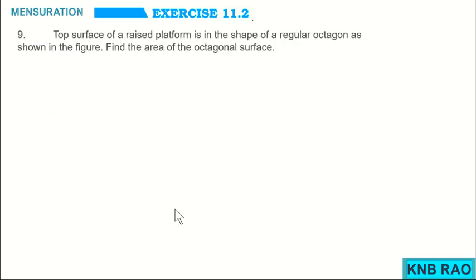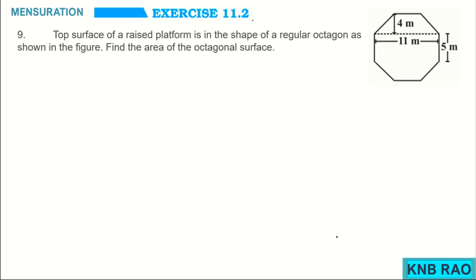Question number 9. Children, in question number 9, top surface of a raised platform is in the shape of a regular octagon as shown in figure. Here is the figure. Find the area of the octagonal surface.